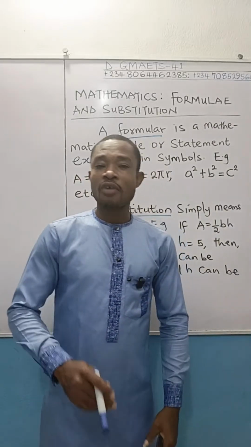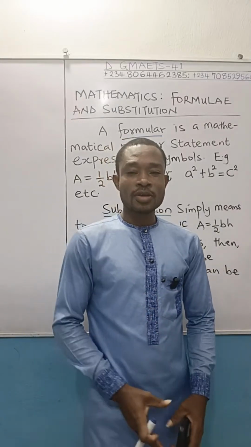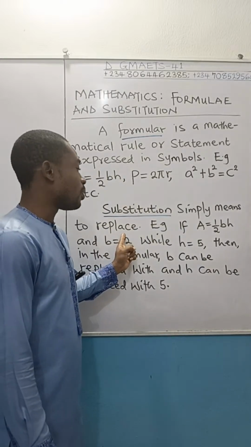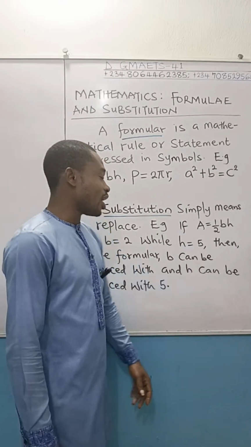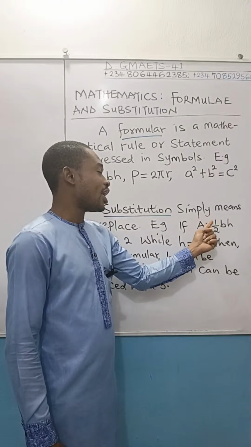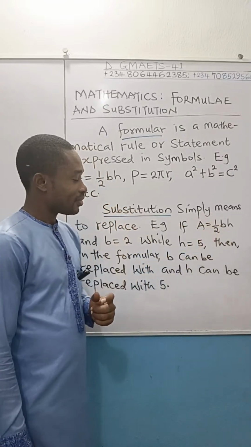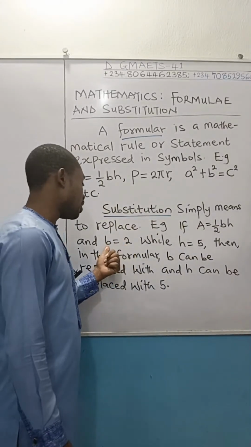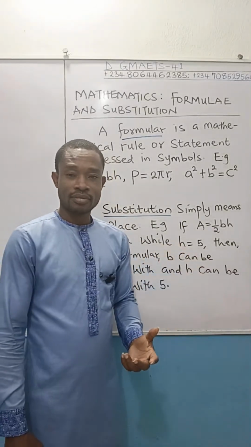What is the meaning of substitution in mathematics? Substitution simply means to replace. For example, if I have this formula, A equal to half times base times height, and I tell you that B is equal to 2, while H is equal to 5.